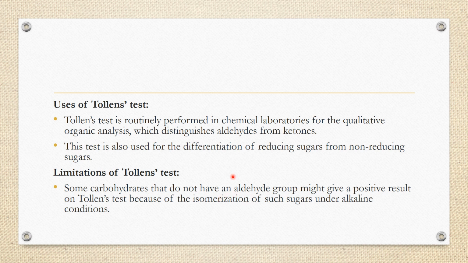Although they have no aldehyde group, after isomerization under the alkaline conditions they can give a positive result in Tollen's test.